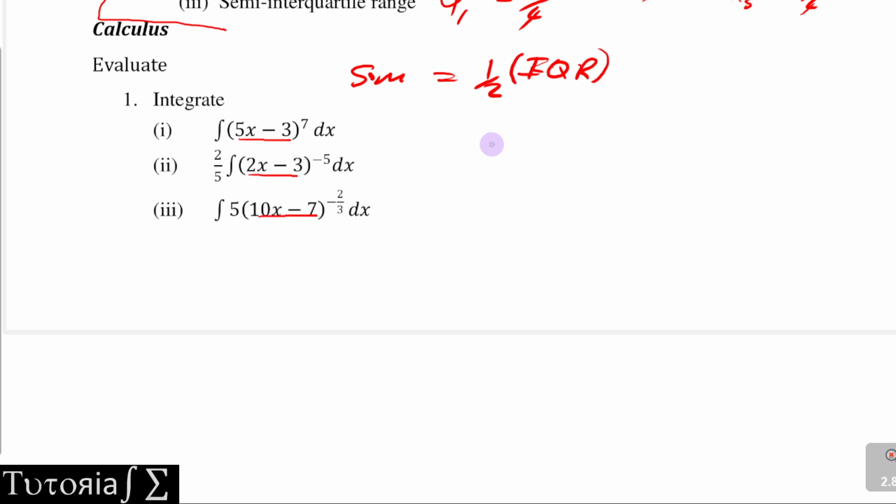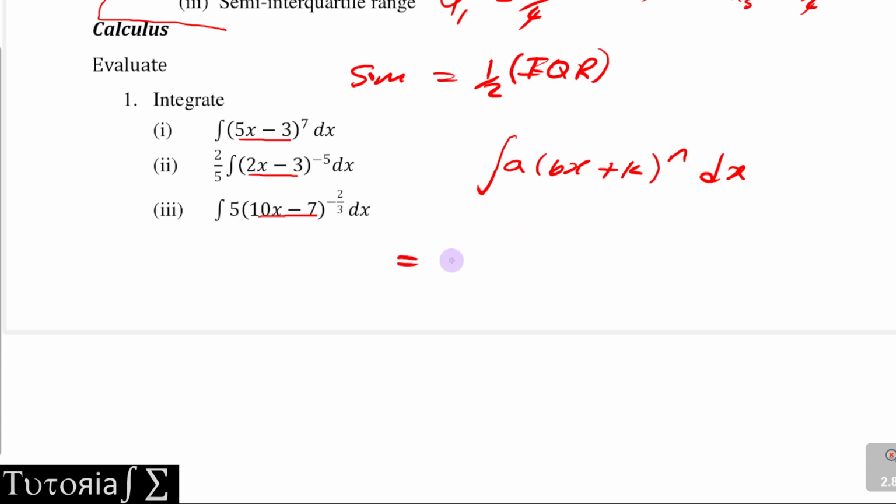So for instance, let me write the general form here. You have the integral of some number, let's say a, times bx plus whatever number is there, k, raised to the power n, integrating with respect to x. So how you integrate is as follows.